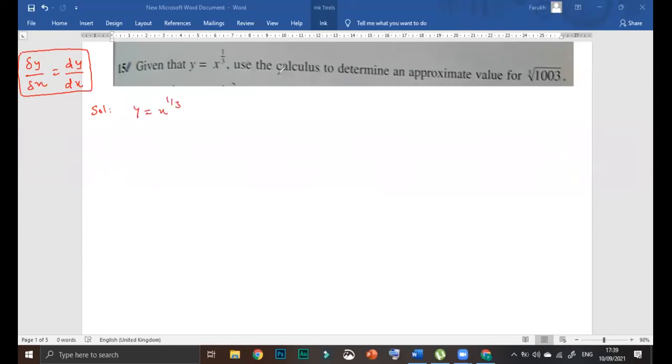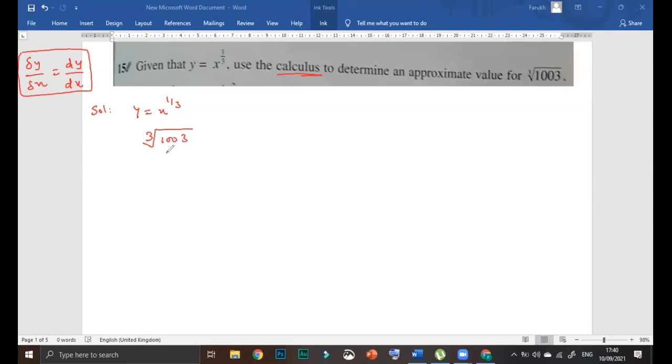Use calculus, differentiation, to determine the approximate value for cube root of 1003. Now you can see that in the above equation there is cube root of x, and in the value given there is a cube root of 1003. At the place of x it is written 1003.